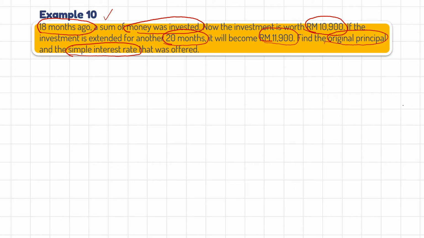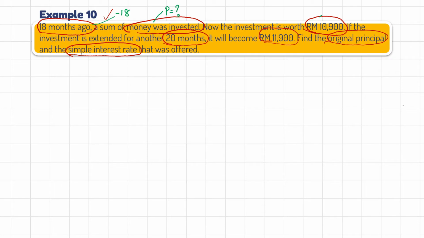So firstly, let's take note of what information we have. Here we have 18 months ago, so it should be negative 18. A sum of money was invested. So this will be our P, the one that we need to find. From the last sentence, find the original principal. Now the investment is worth 10,900 ringgit.